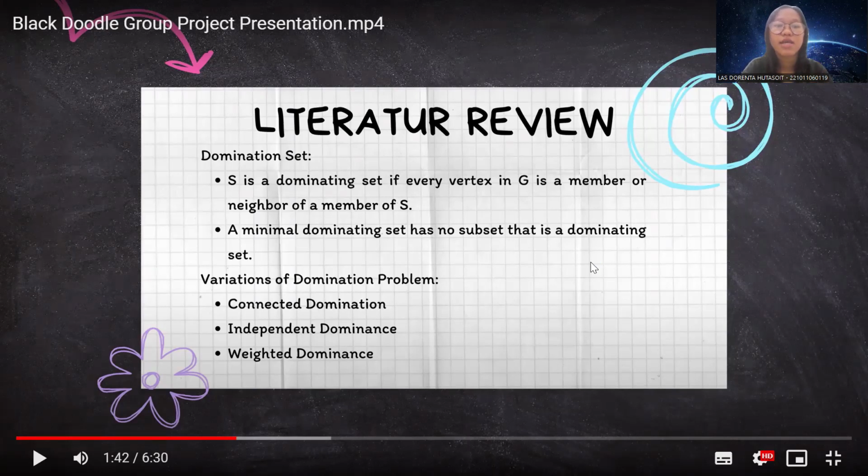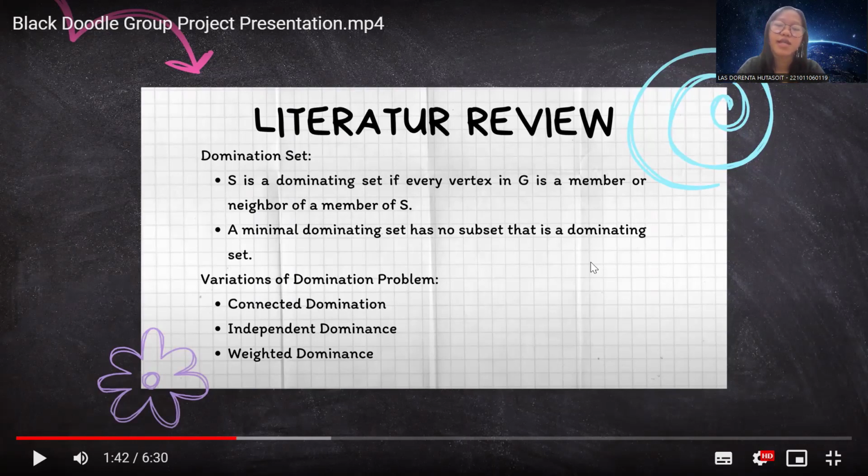Variations of the domination problem. First, connected domination. A graph G is defined as a pair of vertex set V(G) and its edge set E(G), where V(G) is a non-empty set of vertices and E(G) is the set of edges connecting a pair of vertices.